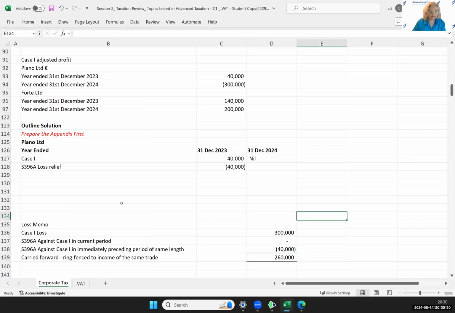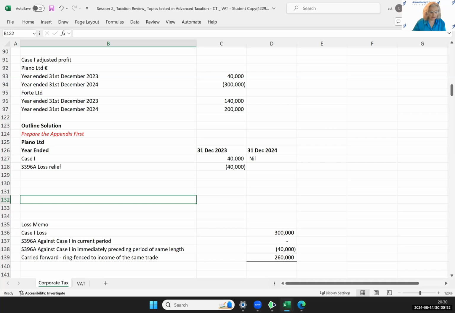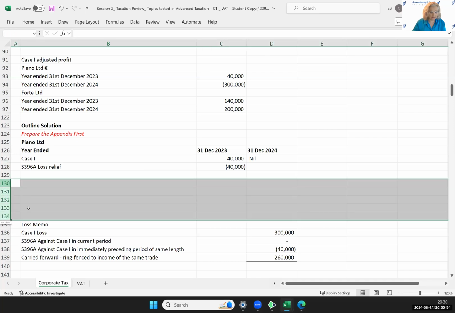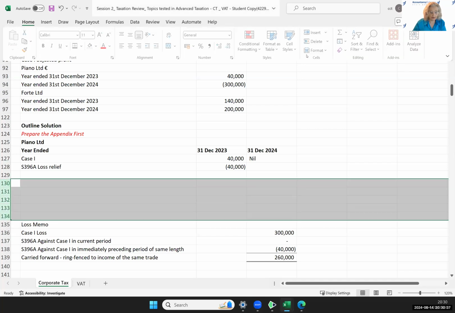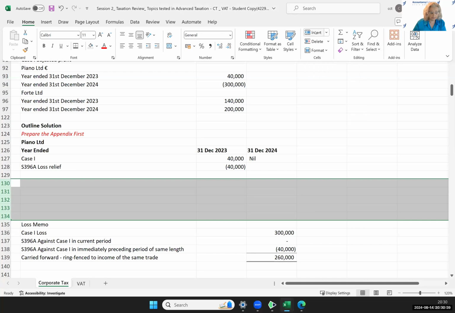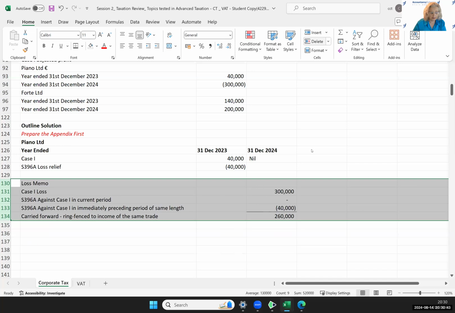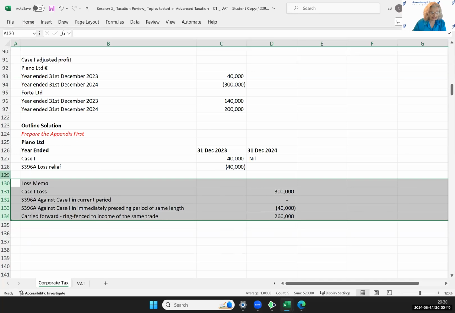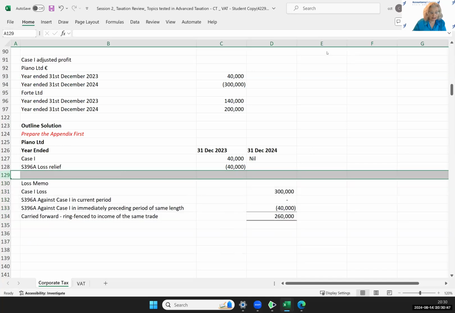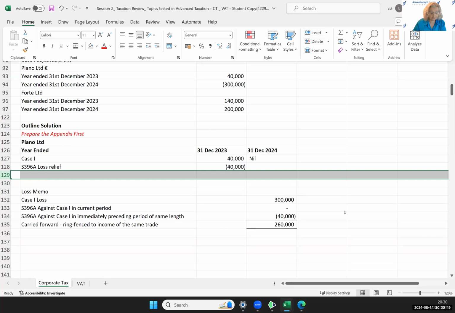So this is an advanced tax question you're asked: how can you use the losses in each company if there's no changes in the structure? So there we are, we've claimed maximum loss relief. The CT liability for Piano Limited is nil.